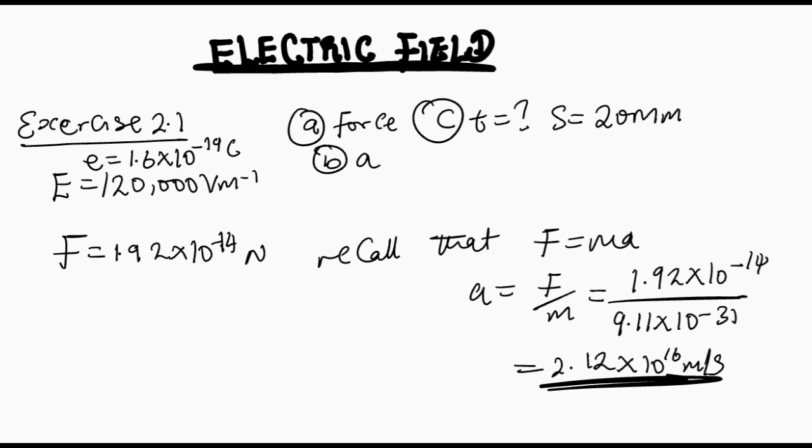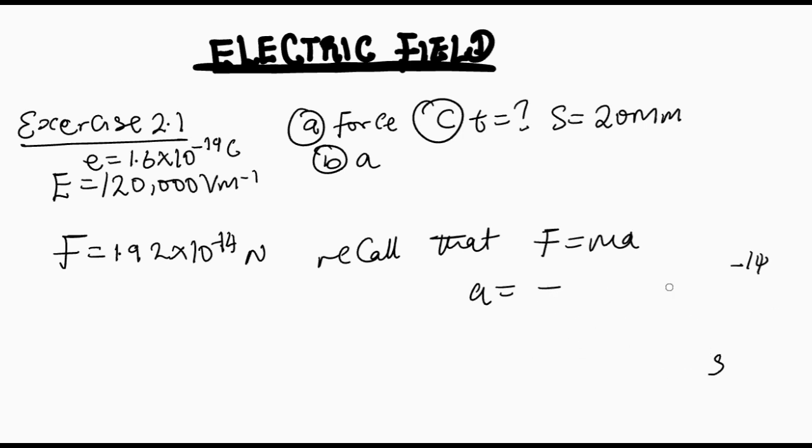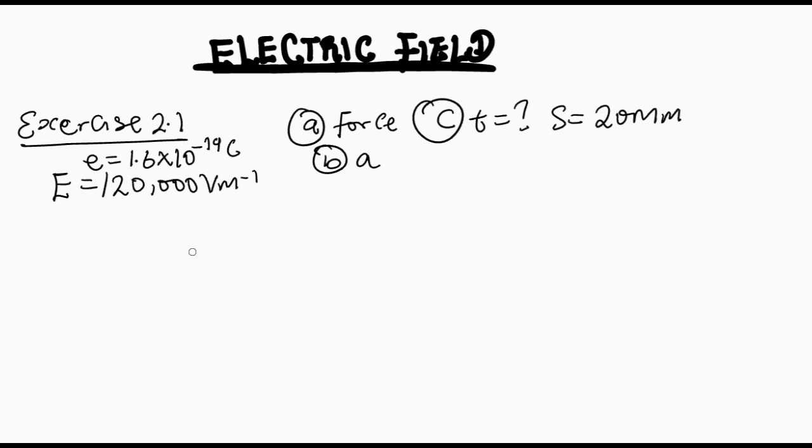What is our C? Our question C here says the time it will take to travel a distance of 20 millimeter. Recall here that S is equal to ut plus 1 over 2 at squared, right? If we do this, it will lead us to a quadratic equation.